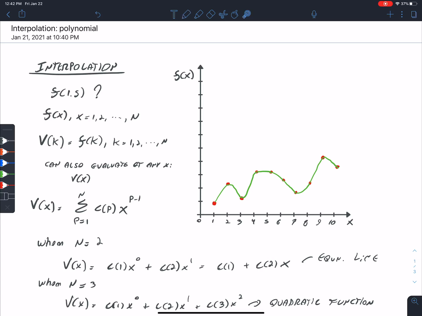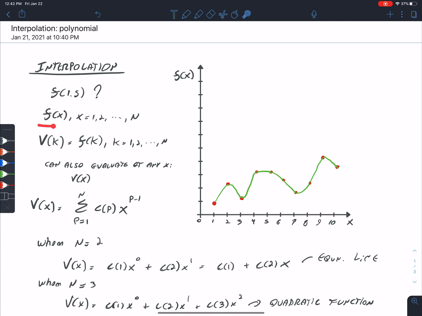So in our last video we saw that we're given some data points, which we wrote as a function of x, but with x limited to integer samples. So we have measurements only at some specific grid, which in this case we chose for convenience to be the integer grid.